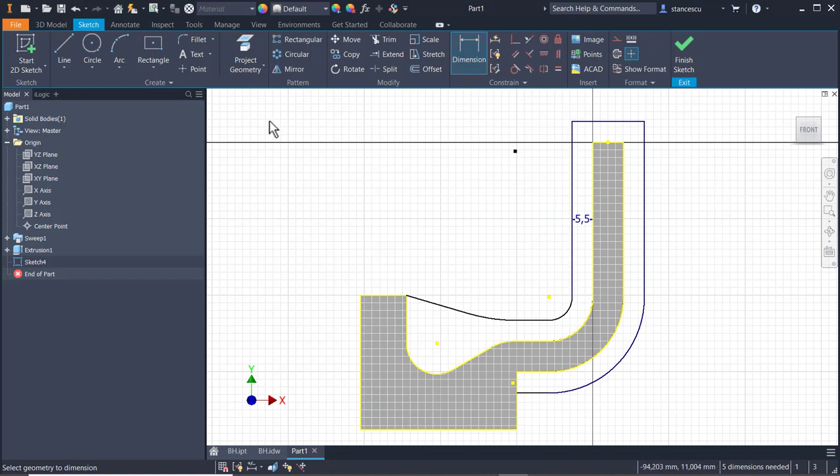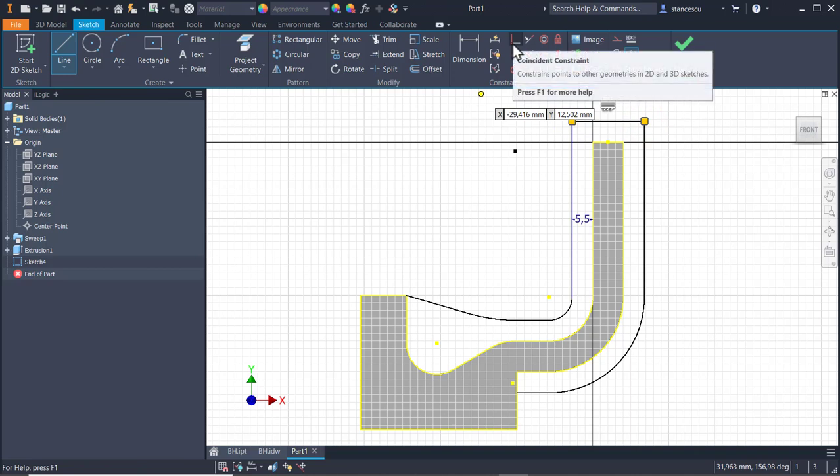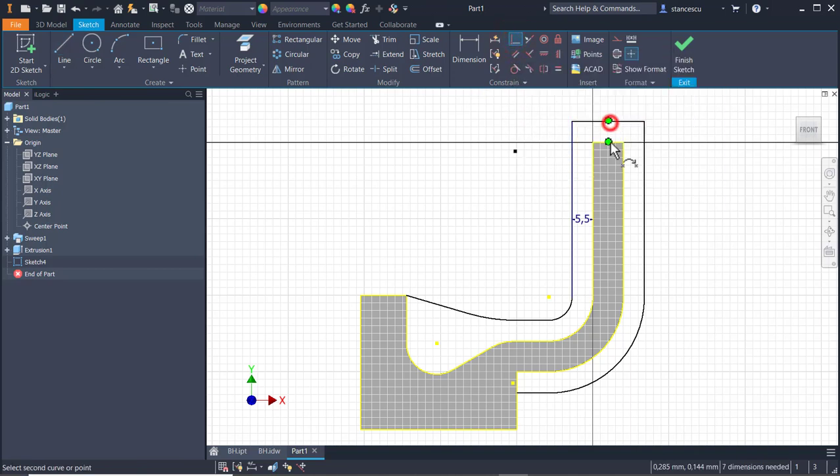I eliminate also this line. I draw a line between these 2 points and I make this coincident in the middle. Yes? So here is also 5.5 in this construction. Good.